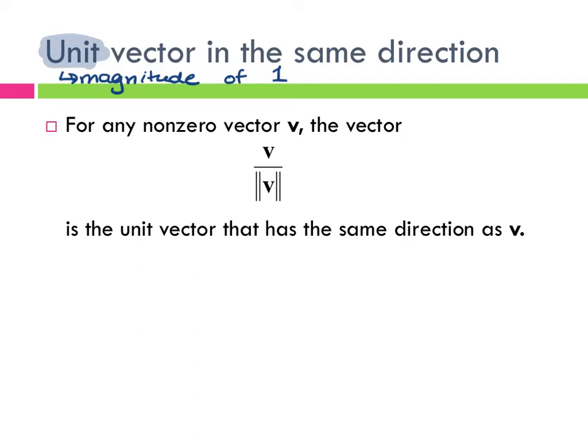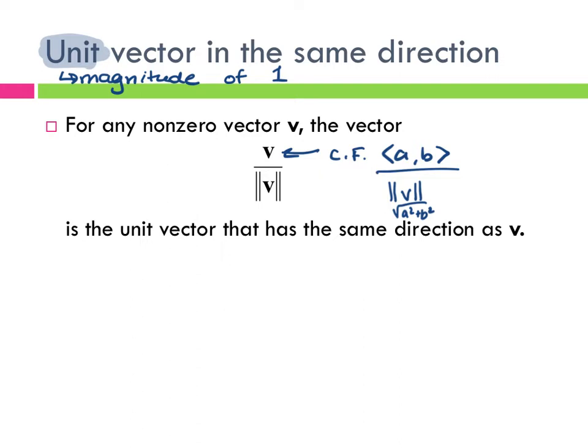The way we do that is we put the component form of v, a comma b, over the magnitude of that same vector. And remember, magnitude is the square root of a squared plus b squared.